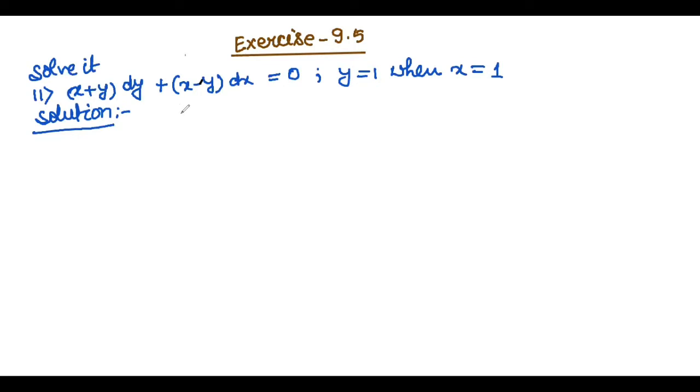So we can write it as (x + y) dy = −(x − y) dx.